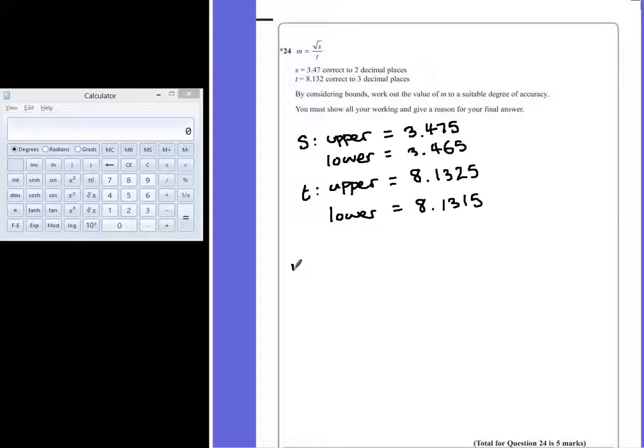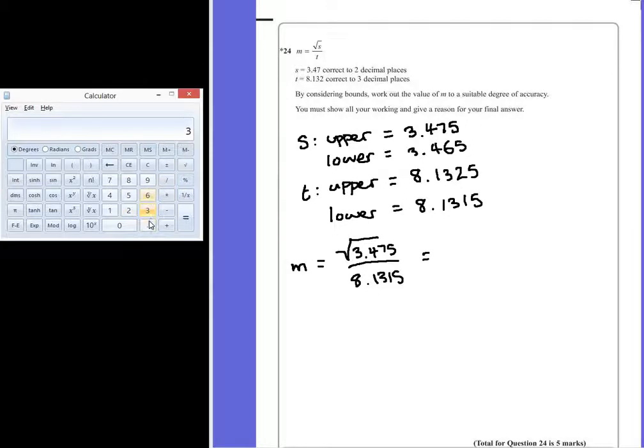So for one possible answer, we're going to take our upper bound for s, so we're going to find the square root of 3.475 and divide that by the smallest number at the bottom, which will be 8.1315.